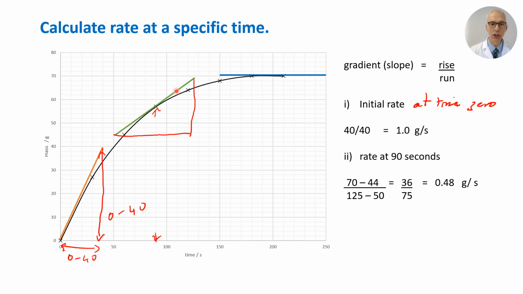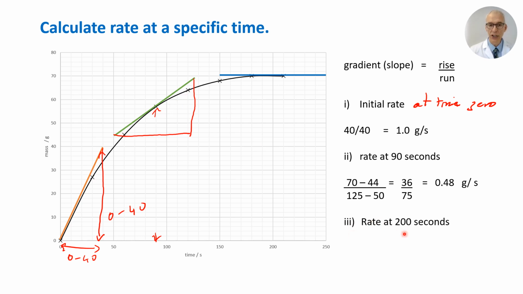Now I could have drawn the tangent to the curve any length that I like, because it has a constant gradient, but I've just drawn a sufficient length to enable some convenient numbers. So 36 divided by 75 is 0.48 grams per second. So we can see as the reaction proceeds, as we discussed on an earlier slide, the rate of reaction slows.